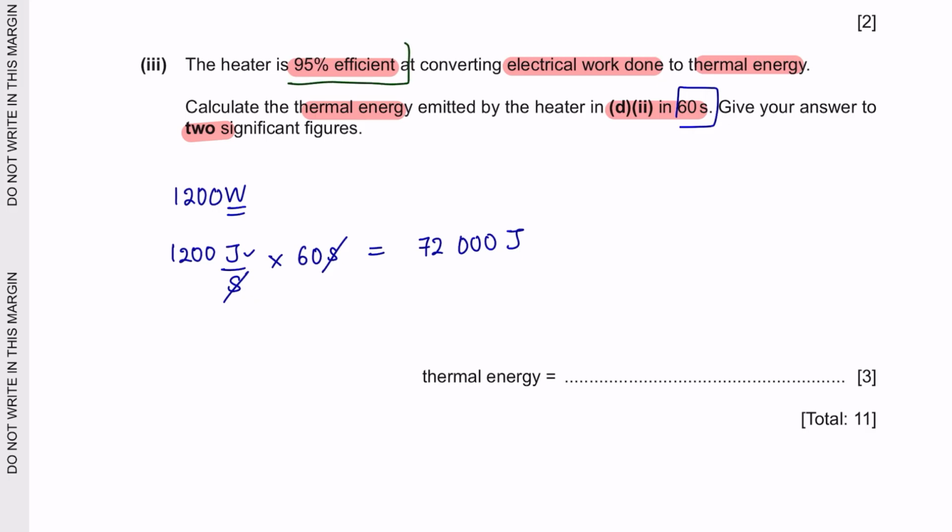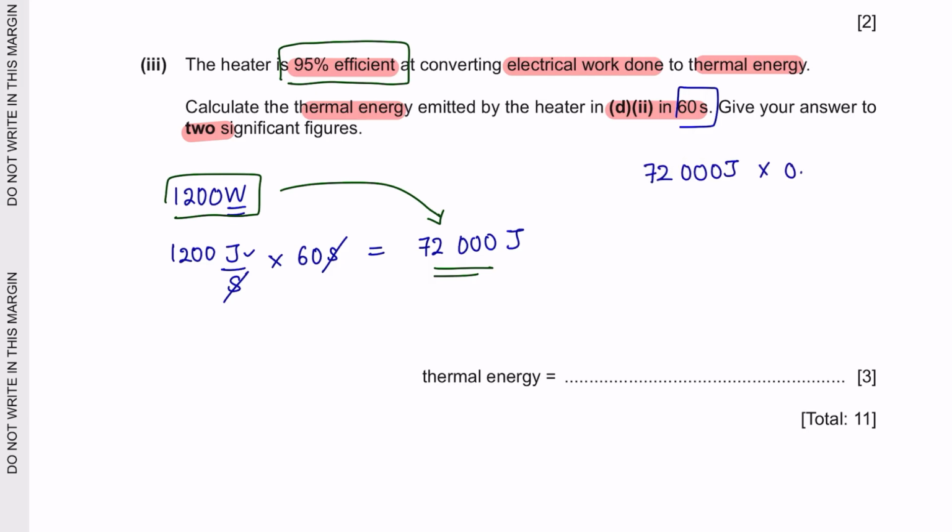However, the heater is only 95% efficient and this is 100% efficiency. So we take the energy that we have and multiply it by 95%, and you will get a thermal energy of 68,400 joules. In two significant figures, that would be 68,000 joules. Or if you want to put it in standard form, it will be 6.8 times 10 to the power of 4 joules. Don't forget your units.